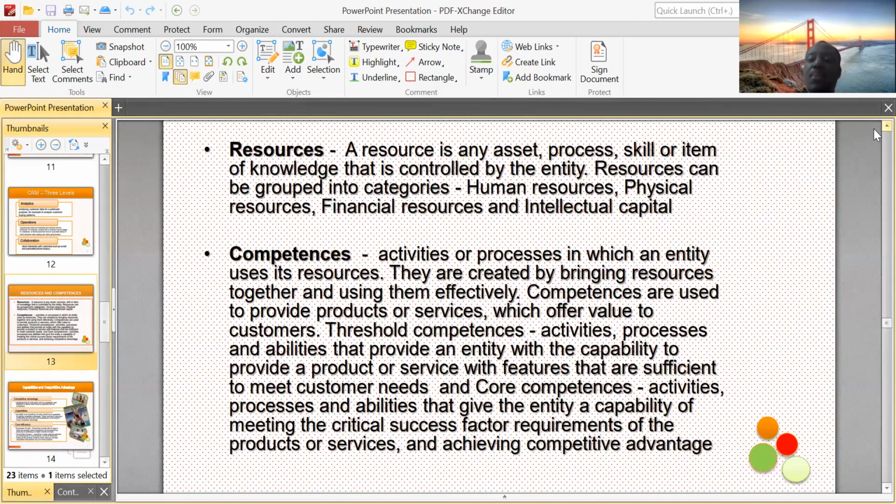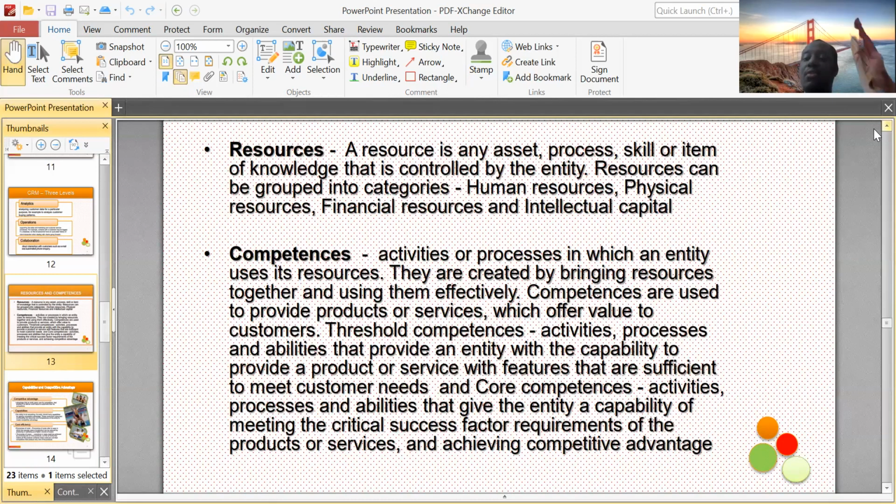So competencies are used to provide products or services which offer value to the customer. So when we talk about competence, these are the activities in which an organization uses its resources.